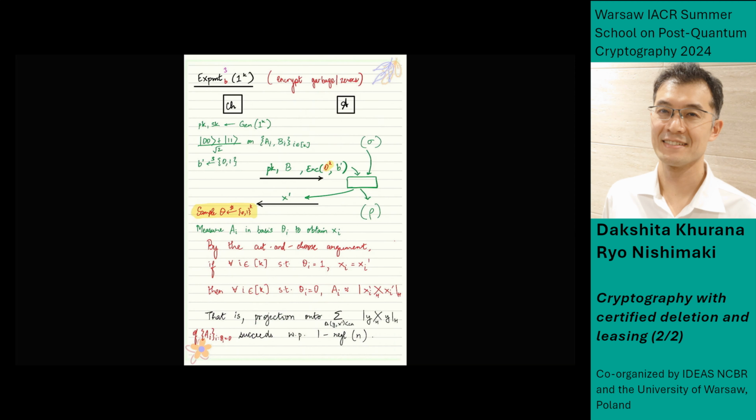We can check this condition by measuring the first register of the EPR pair using this projection, and we can check whether the certificate is correct by measuring the left register.